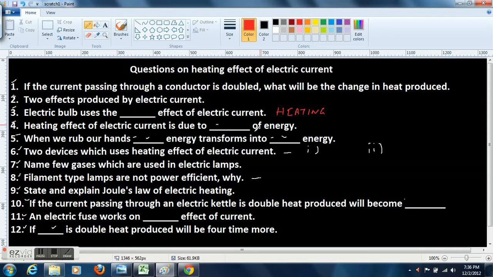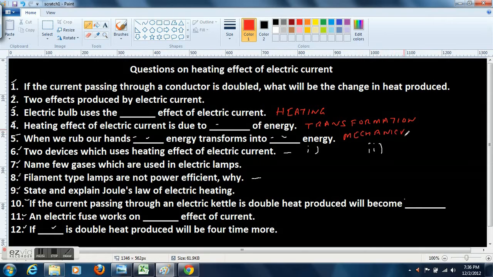Question number 3. Electric bulb uses the heating effect of electric current. Question number 4. Heating effect of electric current is due to transformation of energy. Transformation of electric energy into heat energy. Question number 5. When we rub our hands, mechanical energy transforms into heat energy.